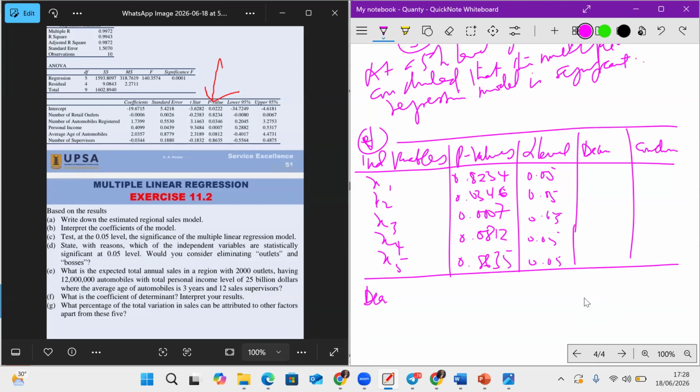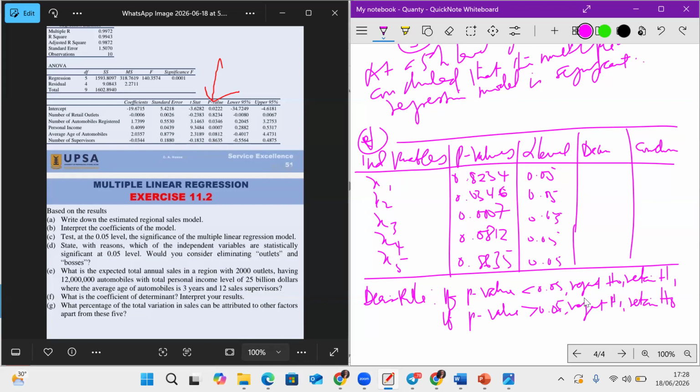Our decision rule will be that if p-value is less than 0.05, reject H0, retain H1. Then if p-value is more than 0.05, reject H1, retain H0.